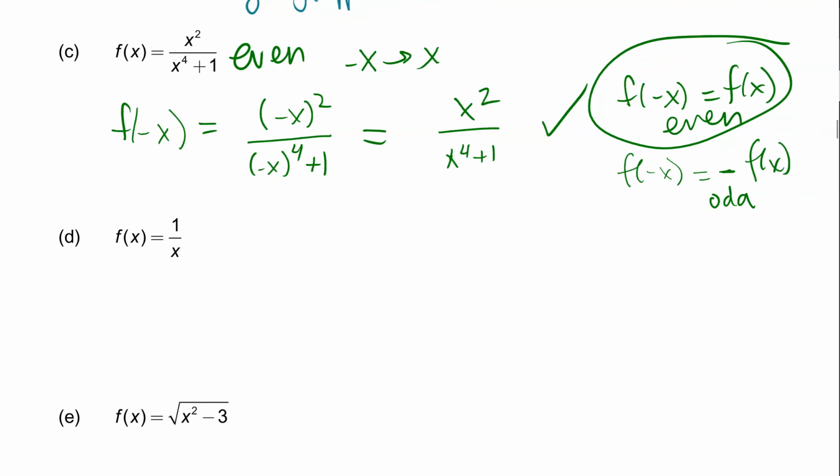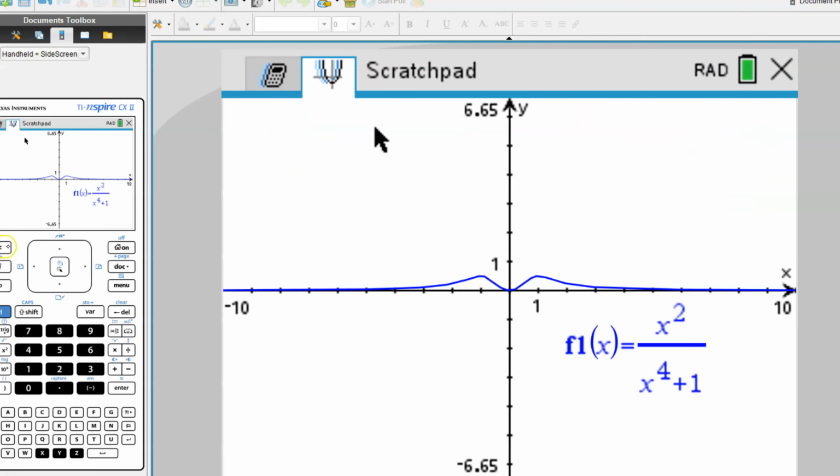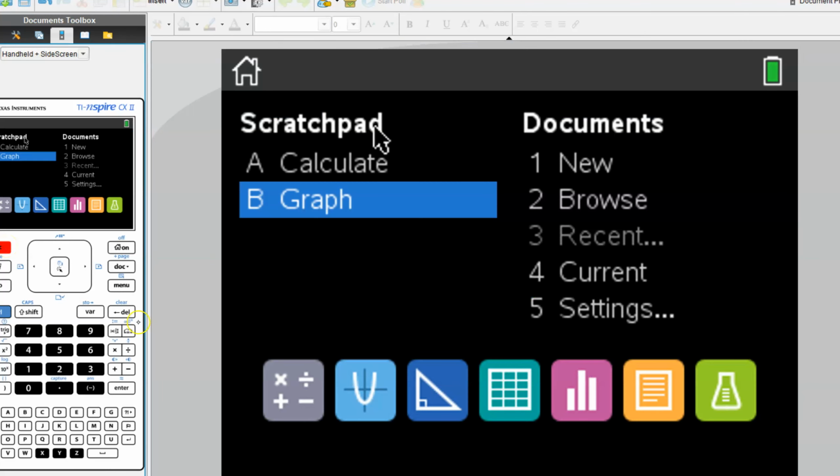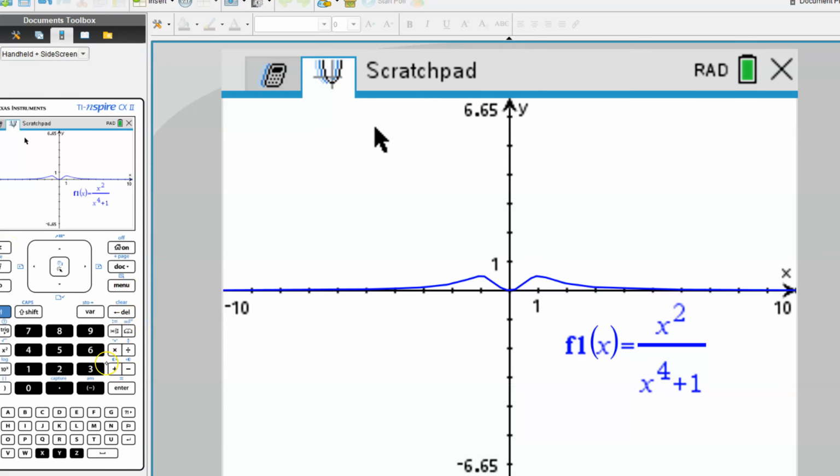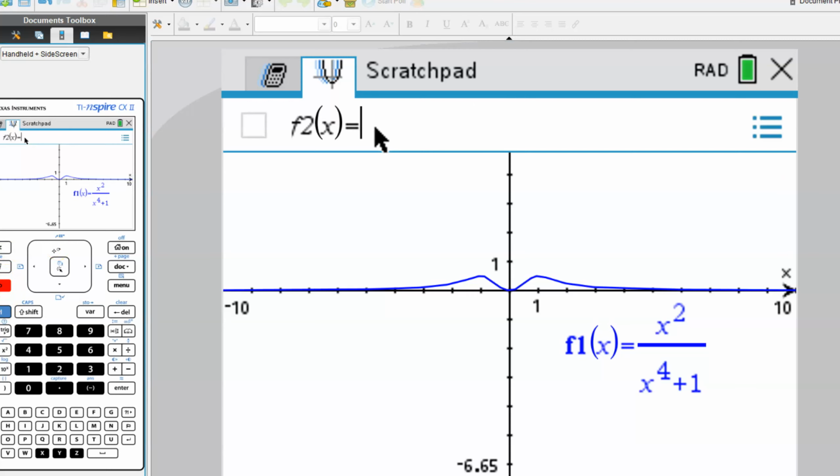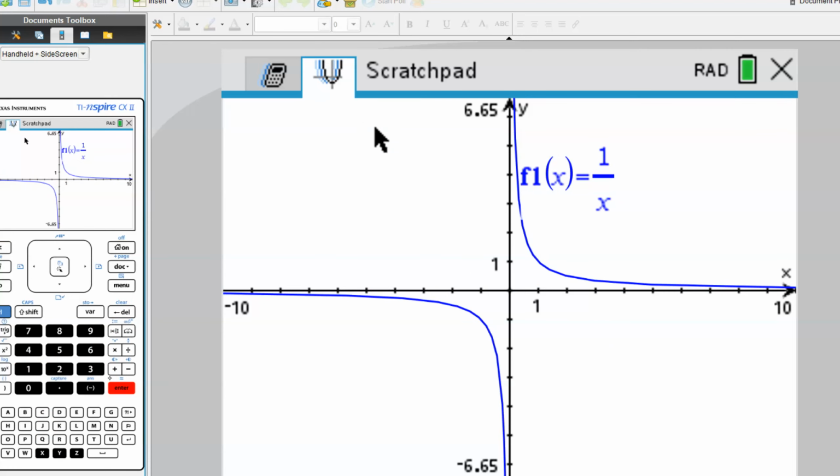Okay. Go ahead, plot this. Yeah, it's exactly odd.